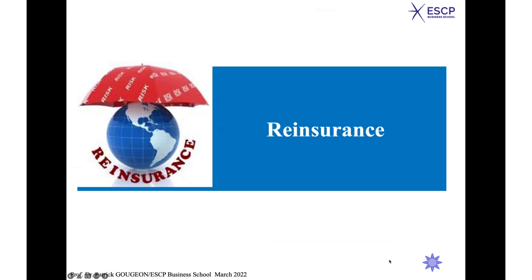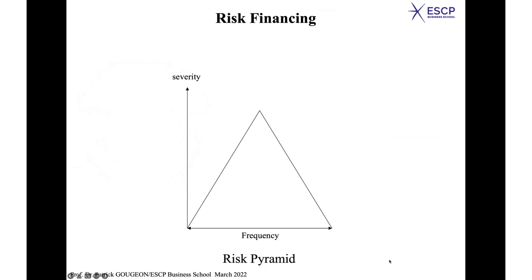It's a system of sharing risk between companies, rather than having one company bearing all the burden of the risk. It's a way to redistribute the risk within a large group of participants in the insurance system. And this has to be at a global level. Okay? So the only thing I'll do today is to introduce the position of reinsurance in the system.